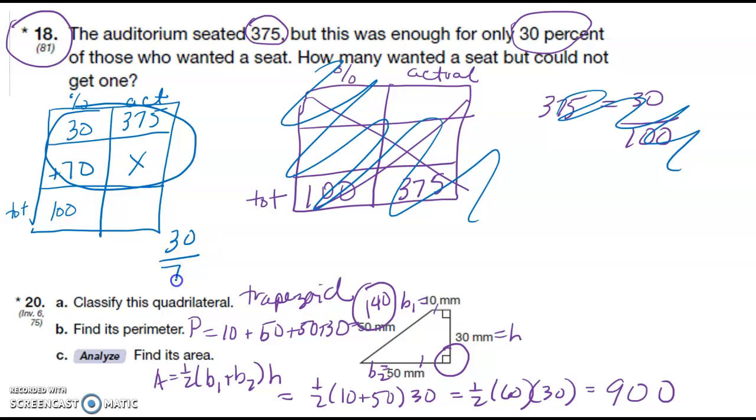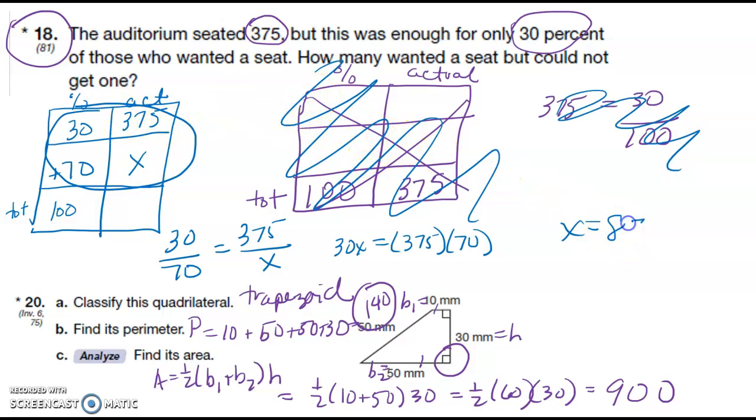So 30 over 70, 375 over x, which is, if we cross multiply, 375 times 70, and that means x is going to be 375 times 70 divided by 30. Okay, I get 875 that could not get a seat. So we're going to run with that.